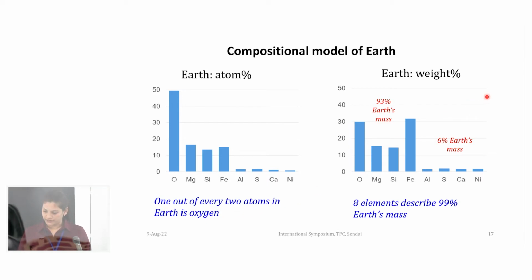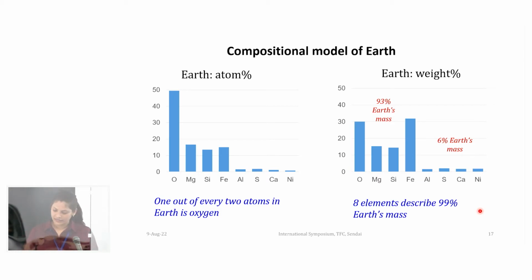In terms of weight percent, we can see that the first 4 elements comprise about 30% of the Earth mass. And if we also include the other 4 elements, which are the next competitors, then together they comprise 99% of the Earth mass. So that's why we are interested in these 8 elements.